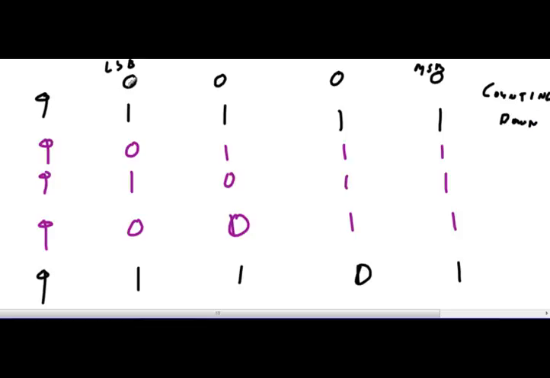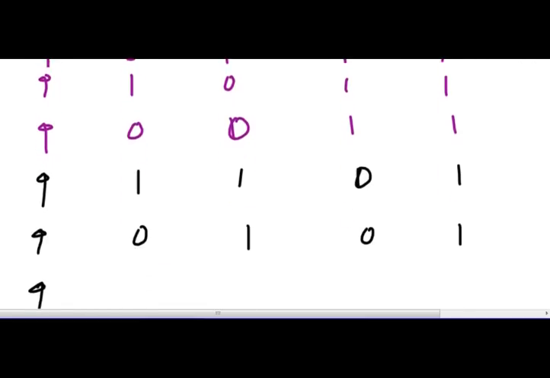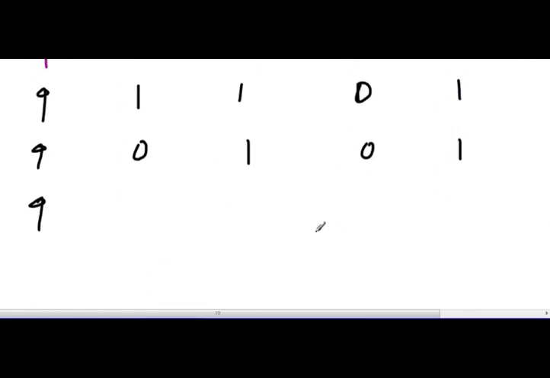So I went from 0 to, is it 31? No, it's 15. So I went 0, 15, 14, 13, 12, 11. Next one's 10. Then I go 9, and then I go 8.